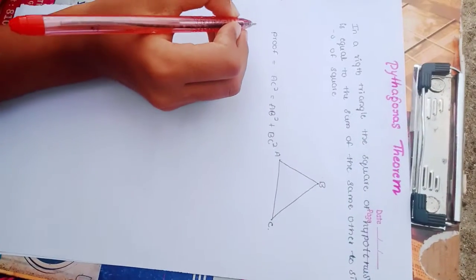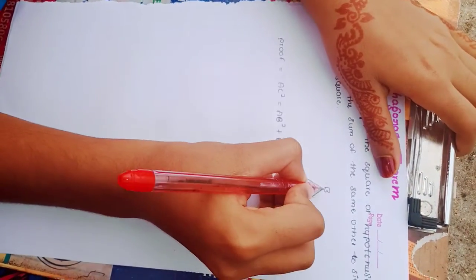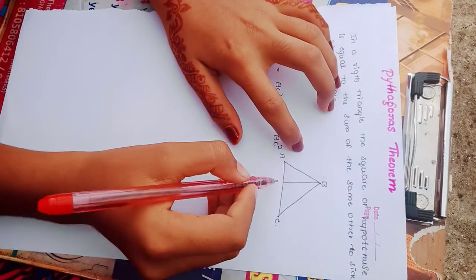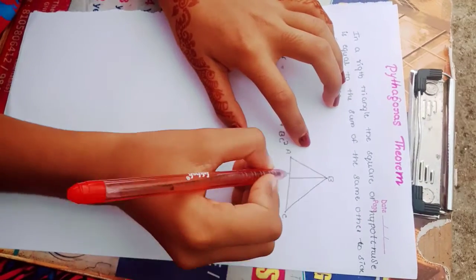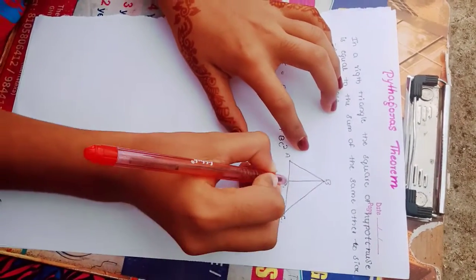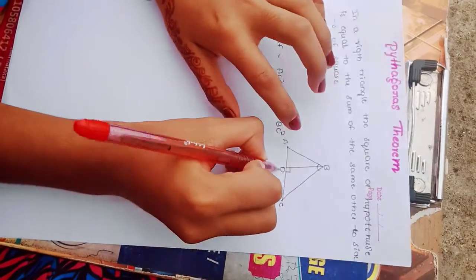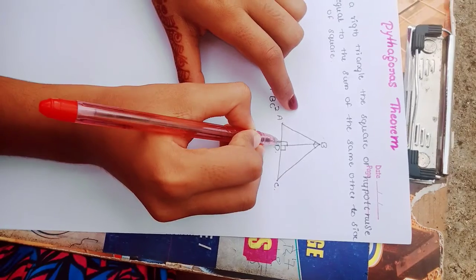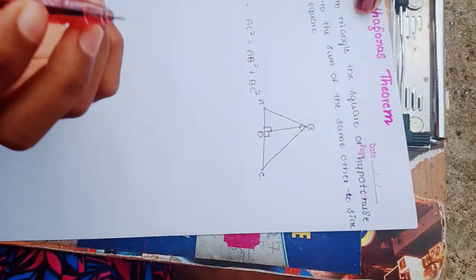Let us draw a perpendicular exactly perpendicular to the hypotenuse, and call it D. Angle B is 90 degrees, angle D is also 90 degrees, and in this triangle it is also 90 degrees, so both triangles are similar.